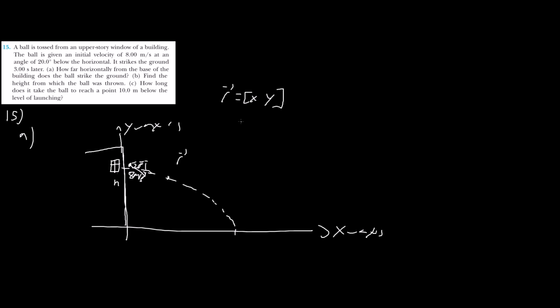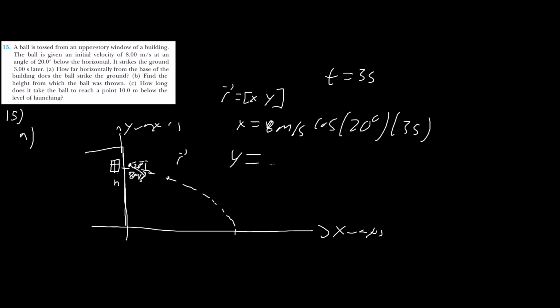X here is going to be v naught, or in this case 8 meters per second, cosine of 20 degrees times the time it takes, and the problem says 3 seconds, so we'll just put 3 seconds.